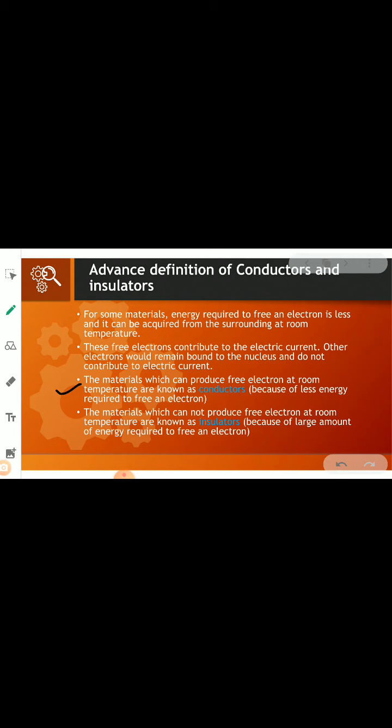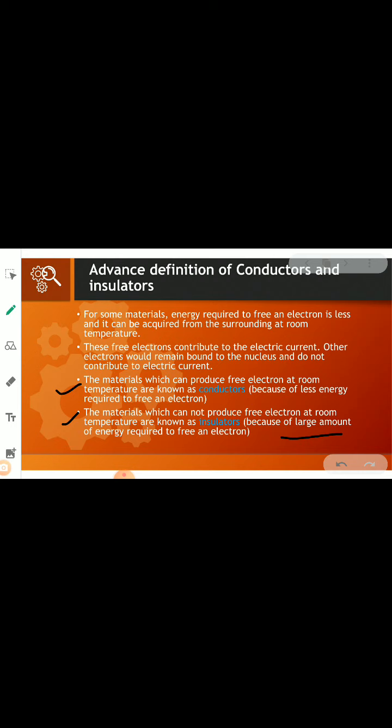But the materials which cannot produce free electrons at room temperature are known as insulators. That means it requires a large amount of energy to free an electron. Now we have all understood the concept of conductors and insulators based on the free electron concept.